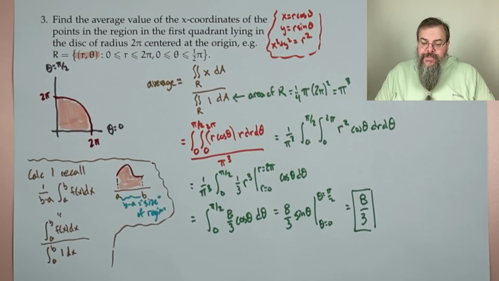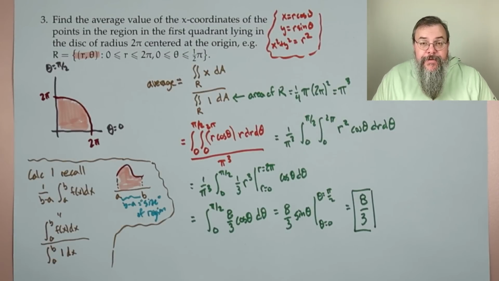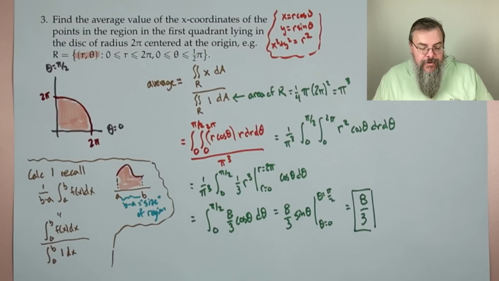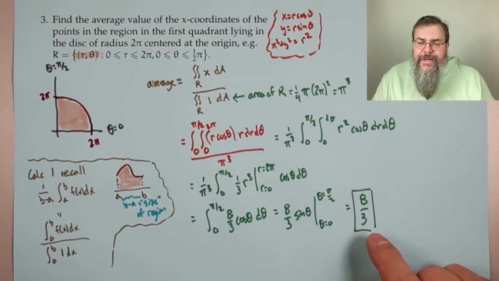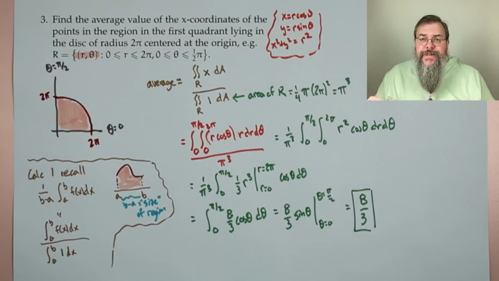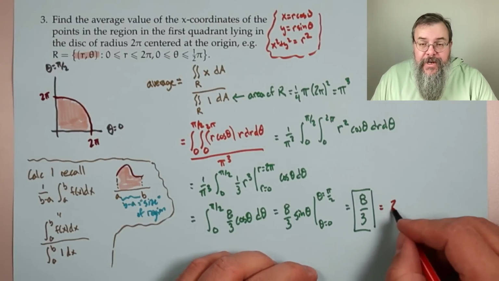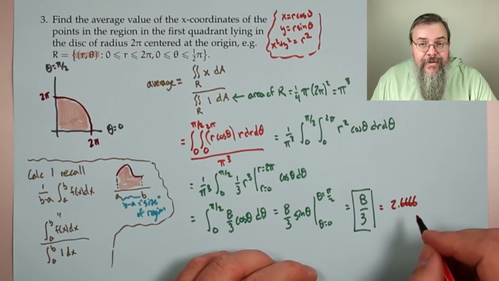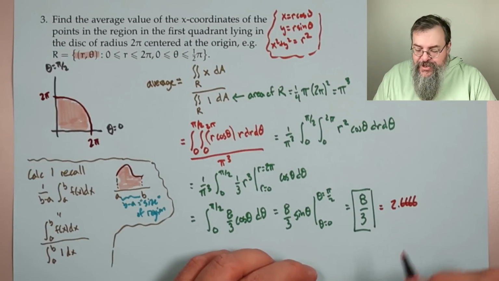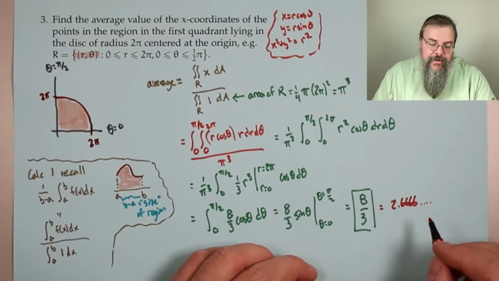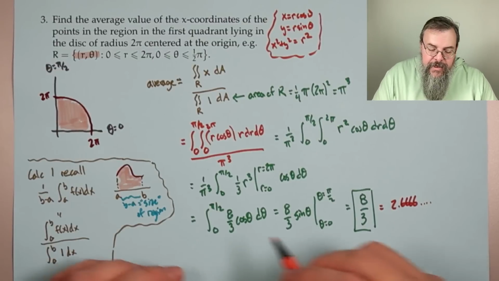Now, one thing that's kind of reasonable to ask is, does this make sense? So how do we do this? Well, one way is to say, where is 8/3? It's a little bit less than 3. It's 2.6666. Engineers, 4 digits of precision. And what is 2 pi?